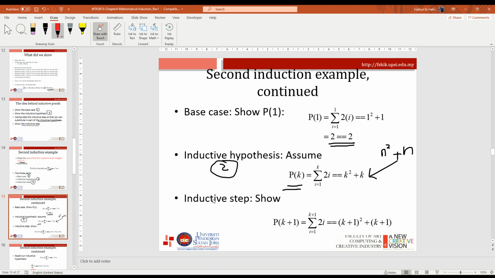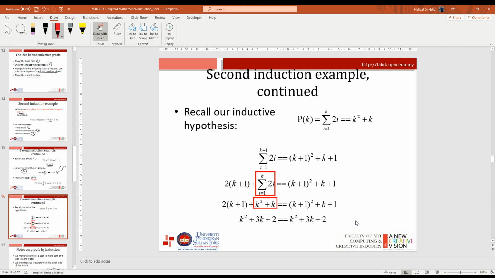Okay, and then for the last one, we show the induction step by using the recall induction step. Okay, and then we replace k plus 1. Equivalent, the sum of 2i up to k plus 1 is equivalent to k plus 1 power of 2 plus k plus 1. Okay, this one is to recall our inductive hypothesis.